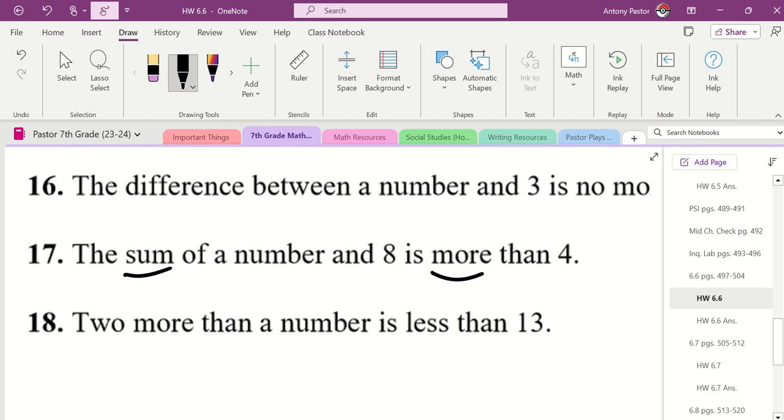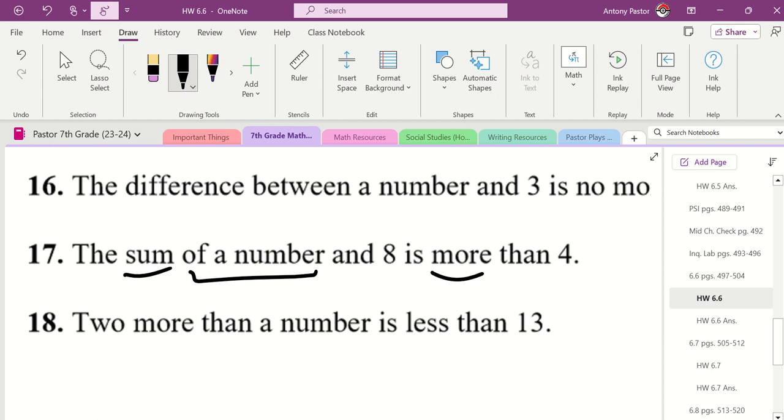Those are numbers, but not key terms. Key terms. Well, more. "Of a number" is your other one. So, what do we think "of a number" means?